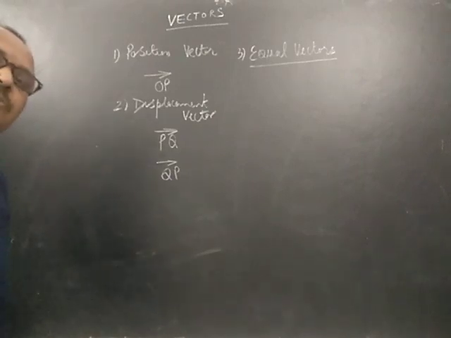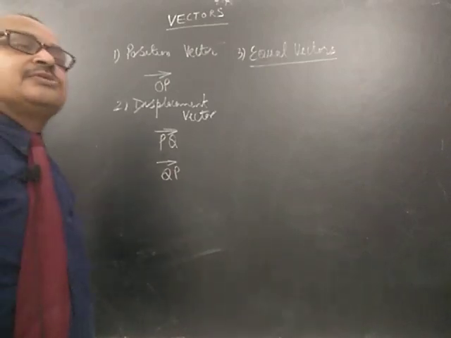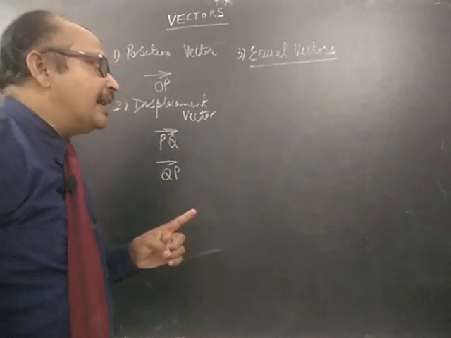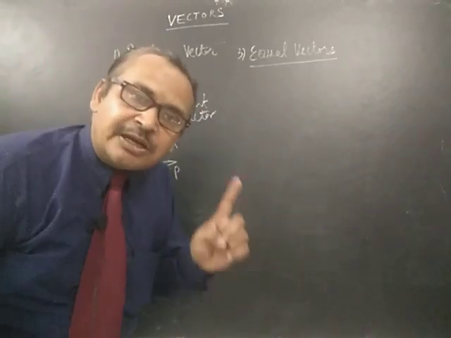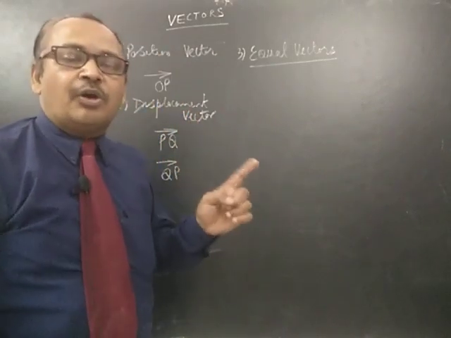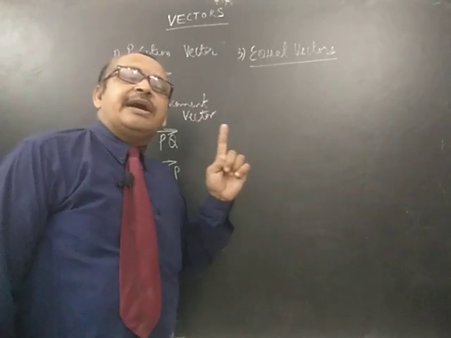Very good. So two vectors will be termed as equal when they have the same magnitude and they are moving or having the same direction.